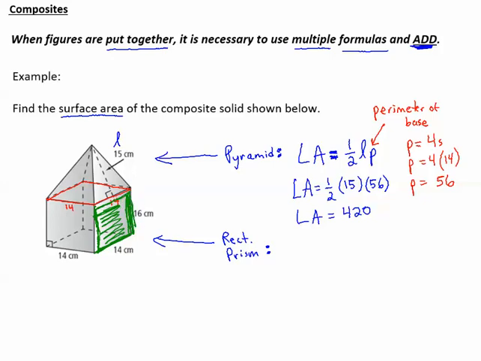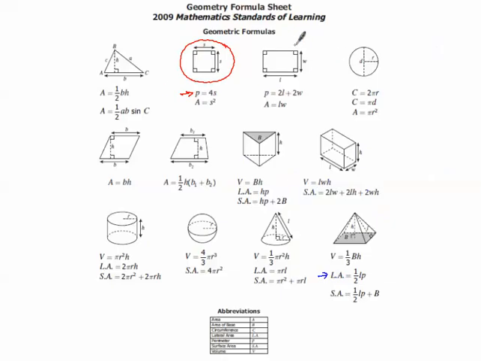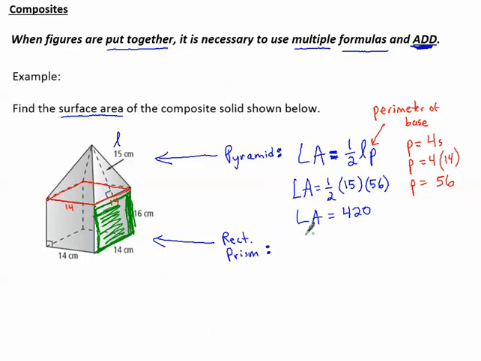Back to our formula sheet, we see the rectangle, and the area for the rectangle, because we want the area of the surfaces, is L times W, where in this picture the L is the length and the W is the width, one side times the other side. So we want the area of the side, so that's going to be 14 times 16.